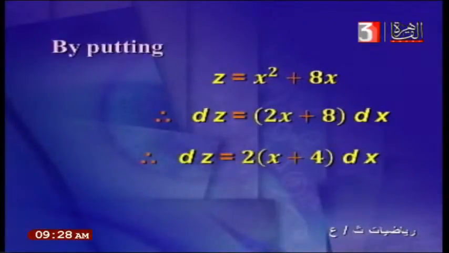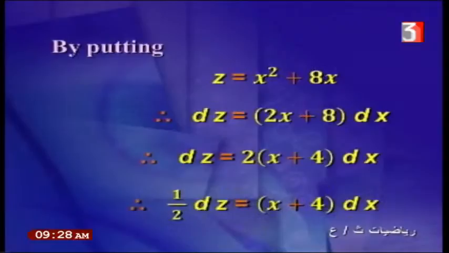Then dz equals 2 (x plus 4) dx, we take 2 as a common factor. Then half dz equals (x plus 4) dx.